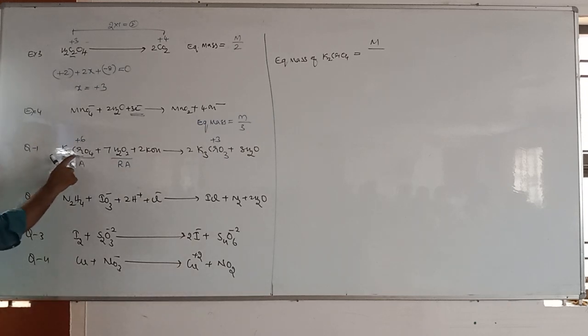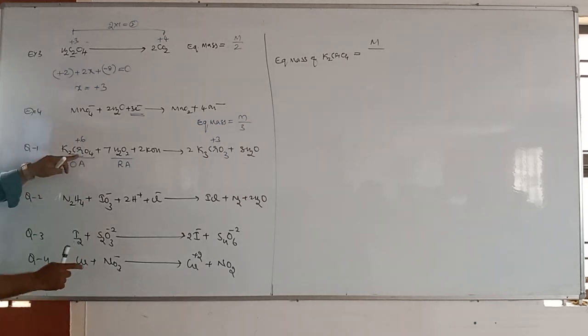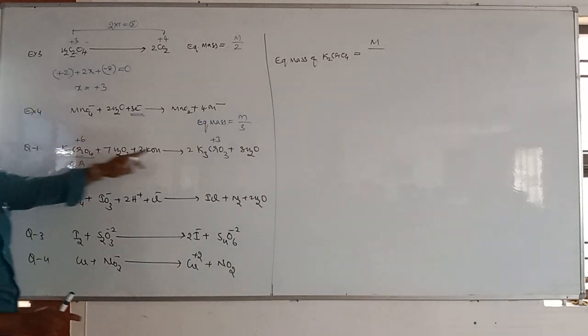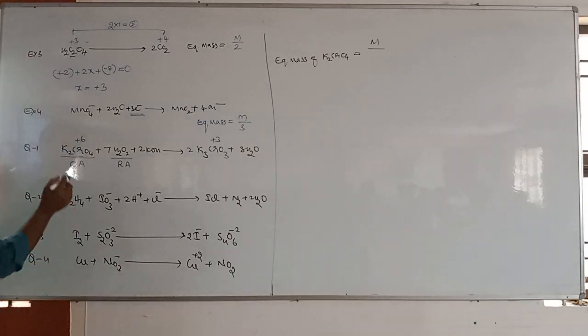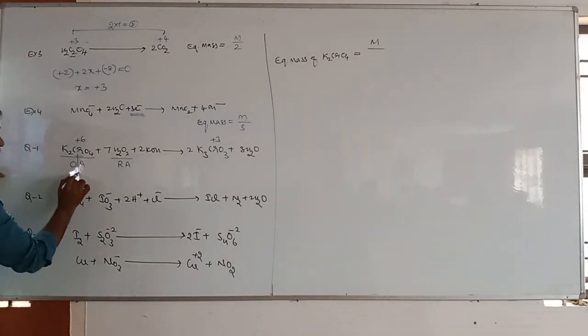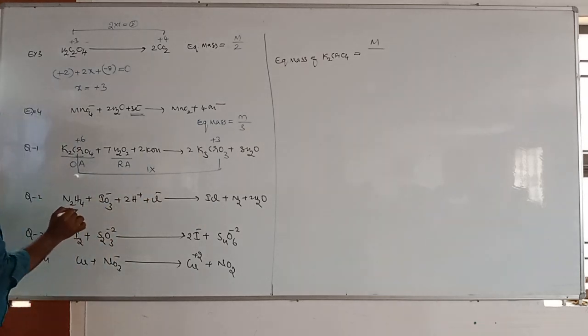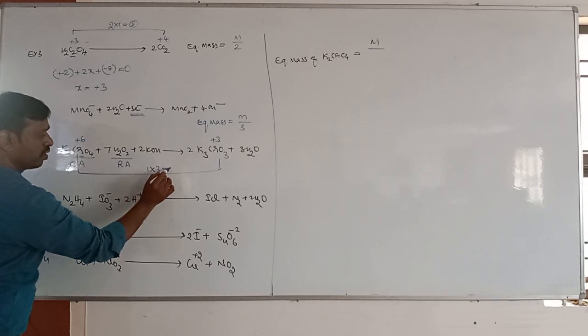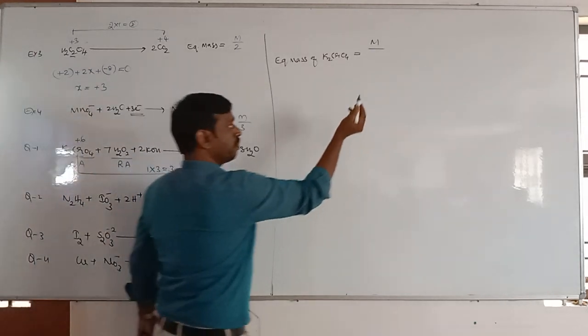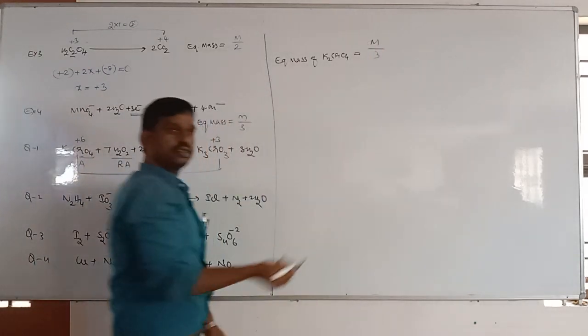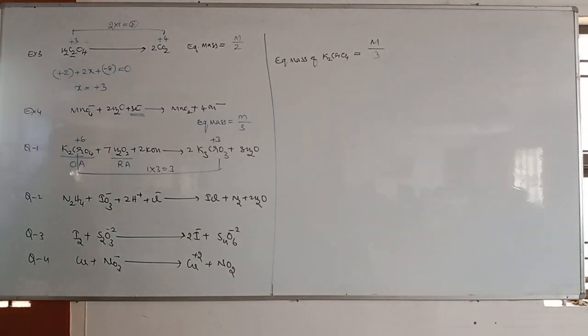In K2CrO4, plus 6 to plus 3. How many chromium are there? 1 chromium, no? 1 into 3, the change in OS is 3. Therefore, it is M by 3. That's it. Molecular mass you can calculate.